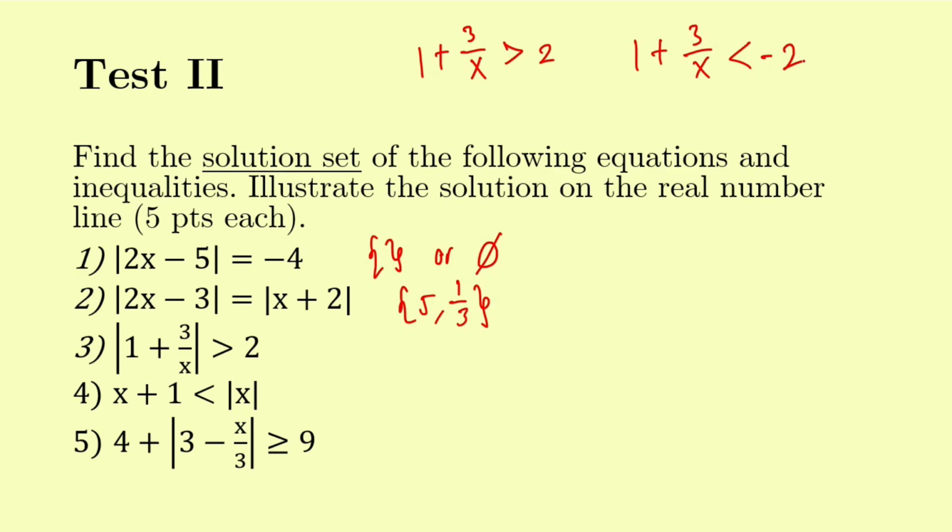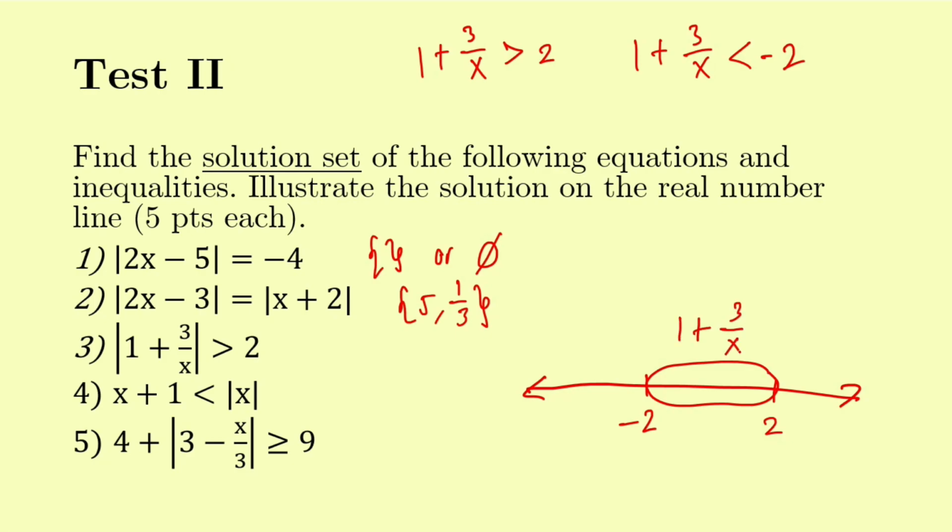So, how do we visualize that? Pag sa number line, it looks like this. Say, for instance, this is negative 2, this is positive 2. 1 plus 3 over x is between them kapag nasa loob siya, kapag less than 2.